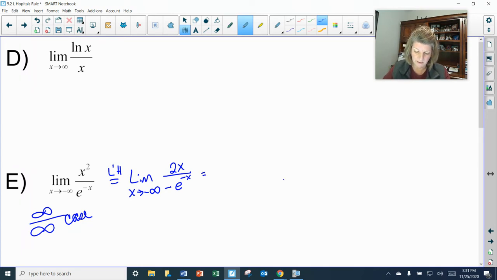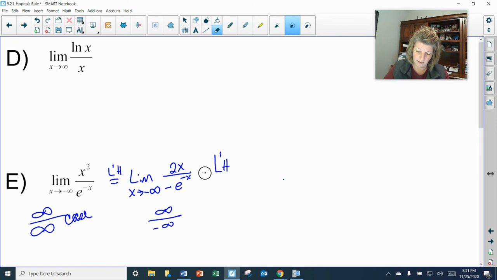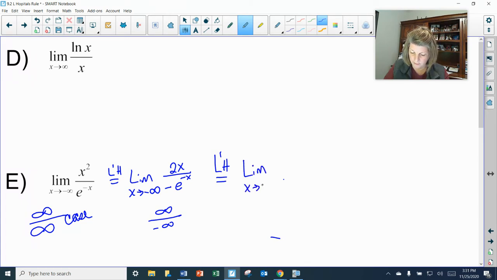All right. So now I still have infinity over probably what would be negative infinity, but that's still a L'Hopital, so we can apply L'Hopital on this one. I don't think we'll have to do any more because our numerator is going to stop.